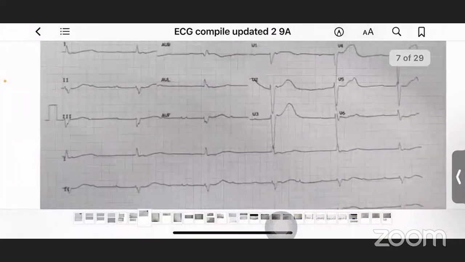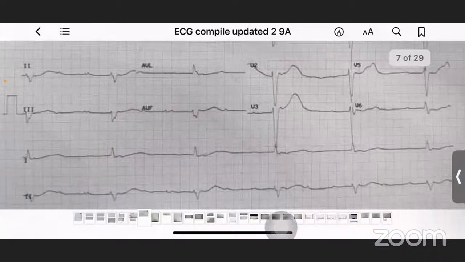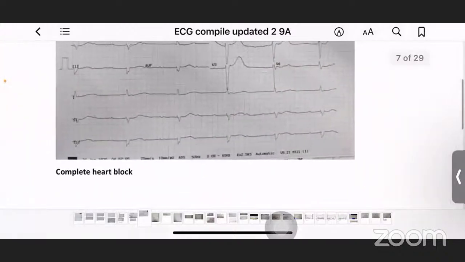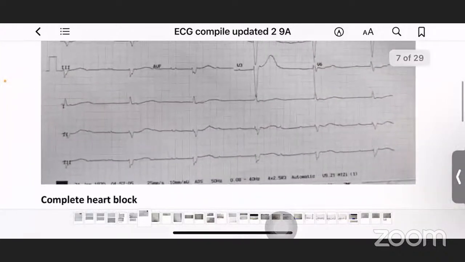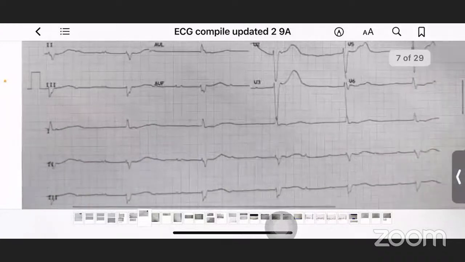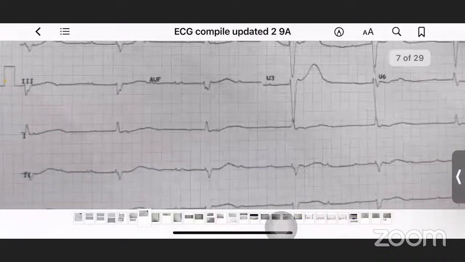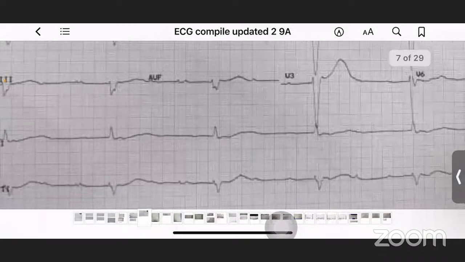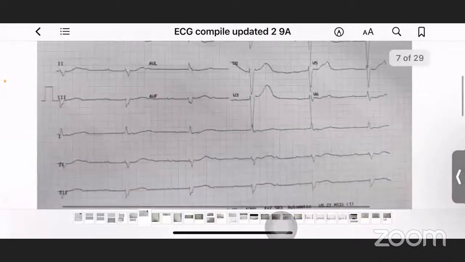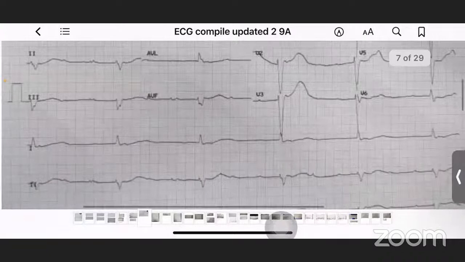Okay, so this one is also very bradycardic, correct? And then is it regular? Is there any AV dissociation? Looks like there is AV dissociation, right? So this one is complete heart block. So when it is bradycardic, the next step is whether there is any AV dissociation, because most complete heart block patients have a slow heart rate.